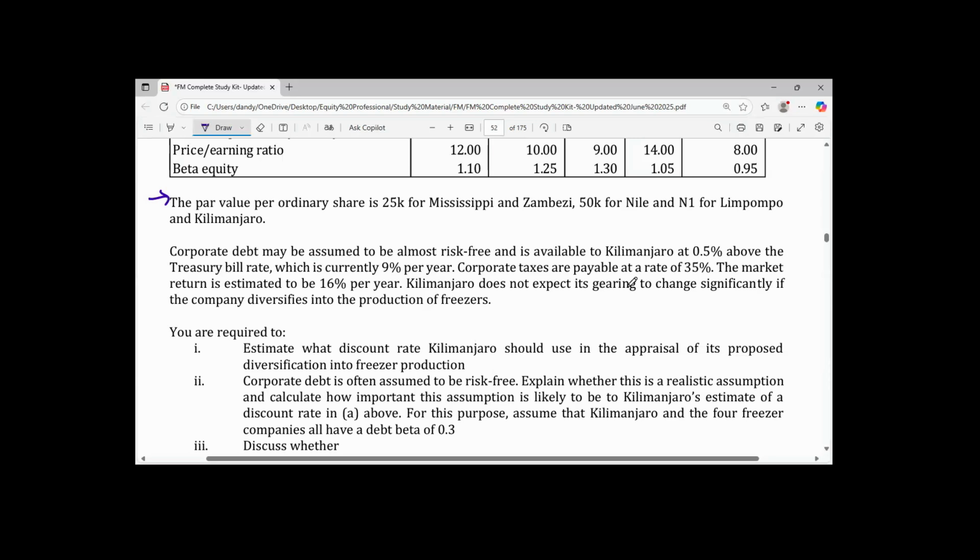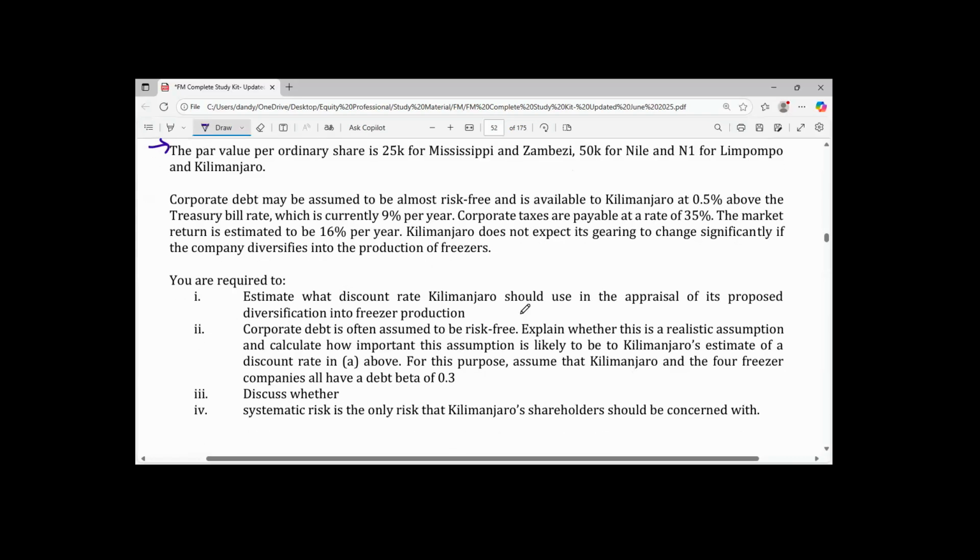Corporate debt may be assumed to be almost risk-free and is available to Kilimanjaro at 0.5% above the Treasury bill rate, which is currently 9% per year. Corporate taxes are payable at a rate of 35%. The market return is estimated to be 16% per year.